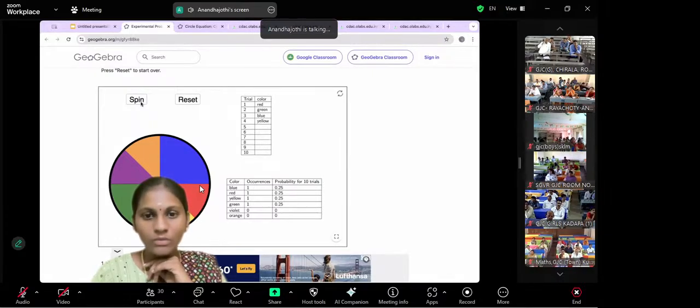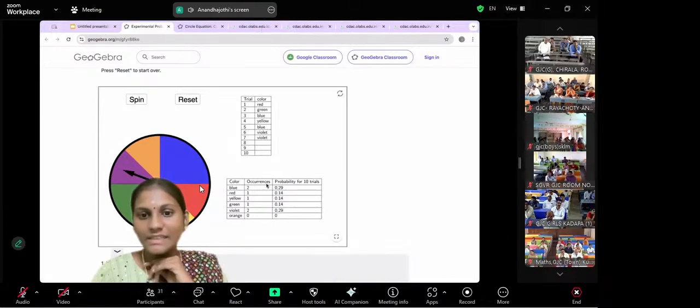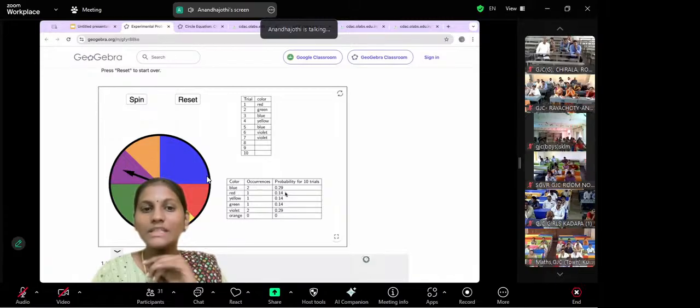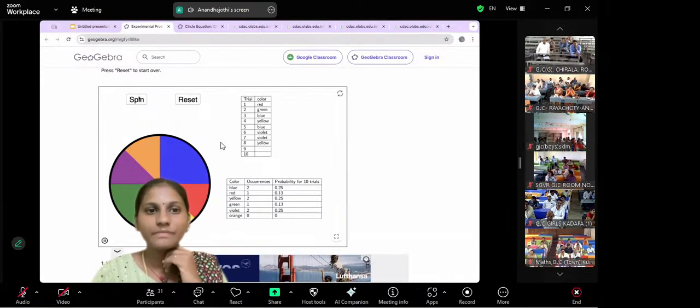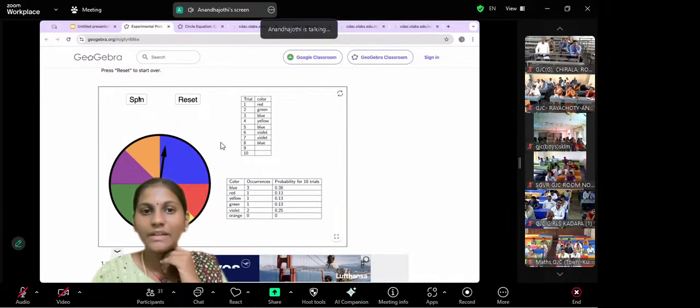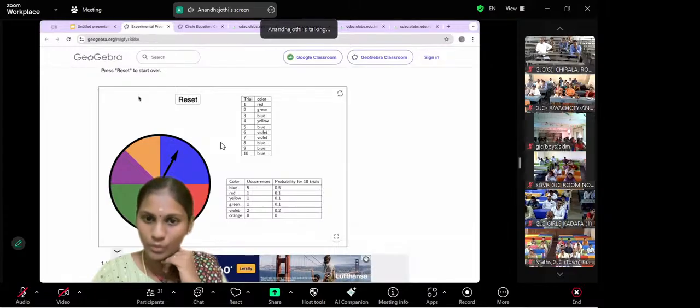Fourth time yellow. Fifth time blue. Sixth violet. Seventh violet. See, whenever I spin, the occurrence and probabilities also change. And the 8th time blue, 9th blue, and finally the 10th blue.